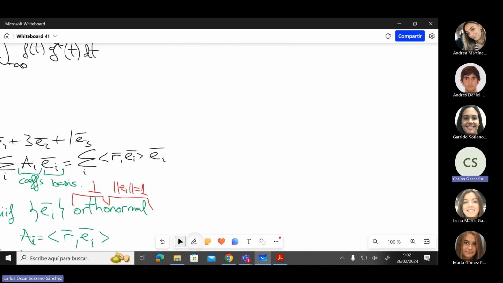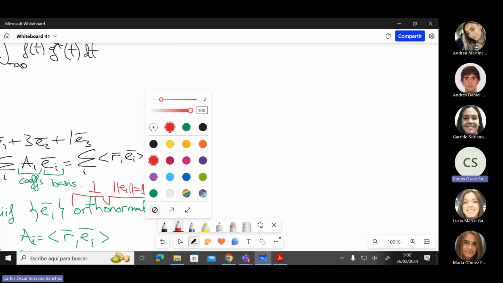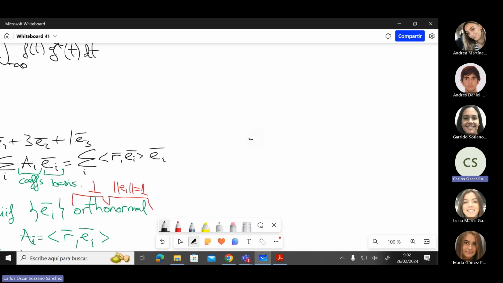Here I'm saying E1 is orthogonal to E2. Okay, so the angle between the two is 90 degrees. And this implies that the inner product of E1 and E2 is equal to 0.